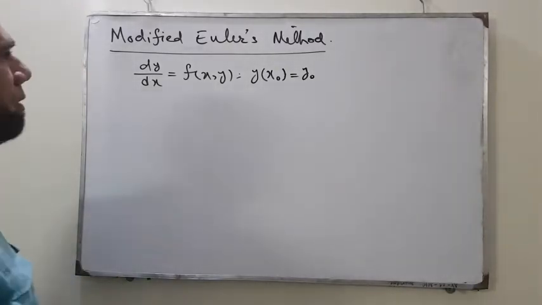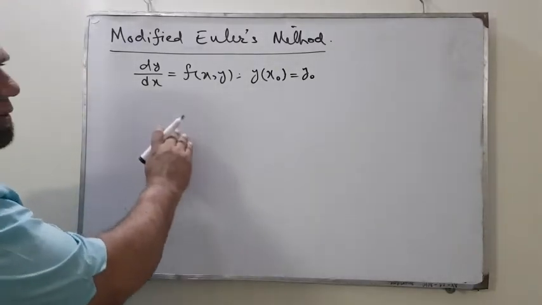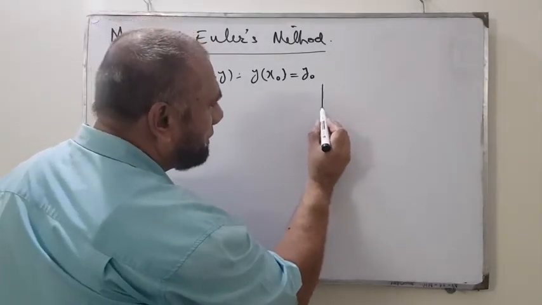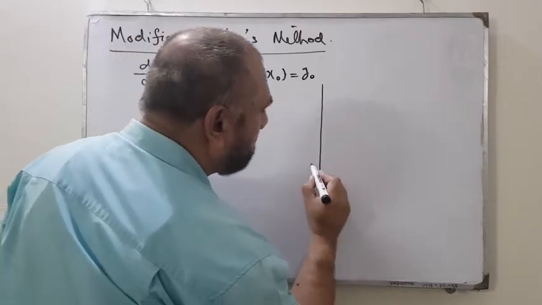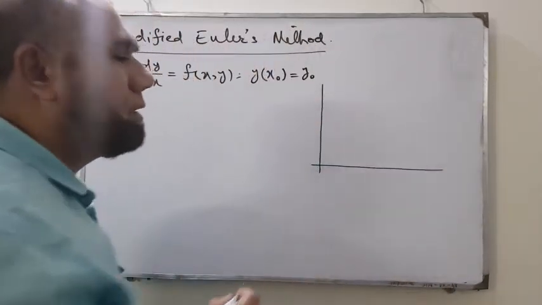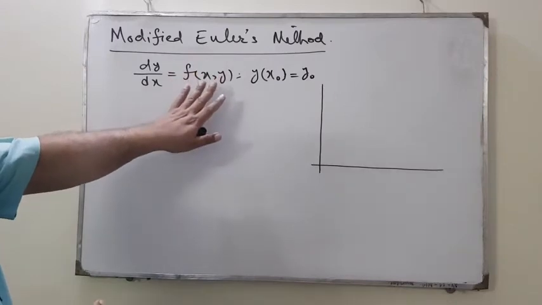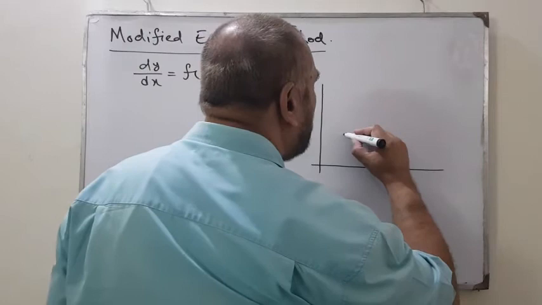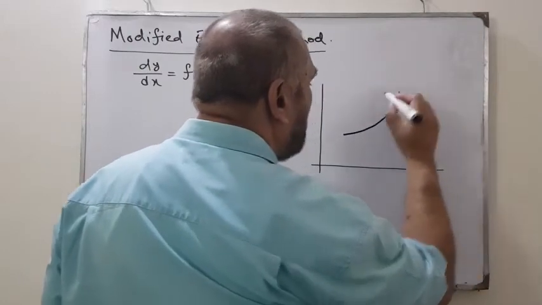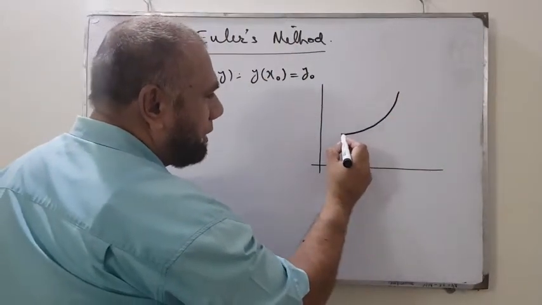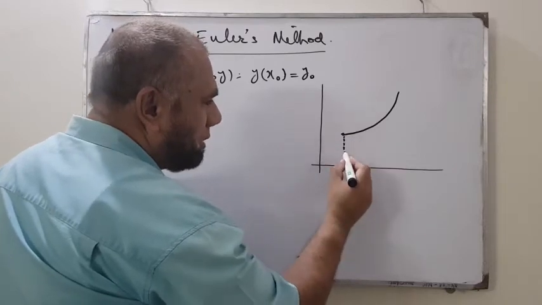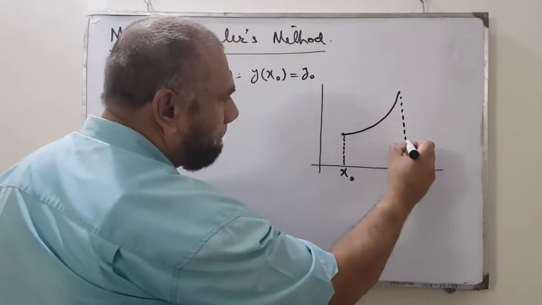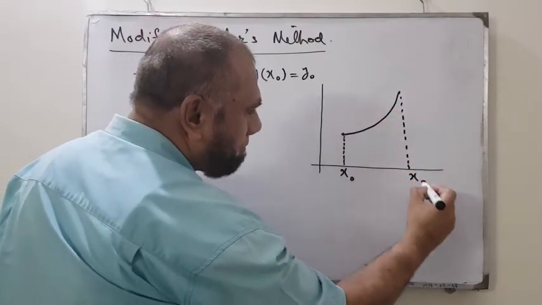Now, in order to approximate the solution of this differential equation under the modified method, let me construct a graph. This is the solution curve of this differential equation within the first interval, between x0 and x1.